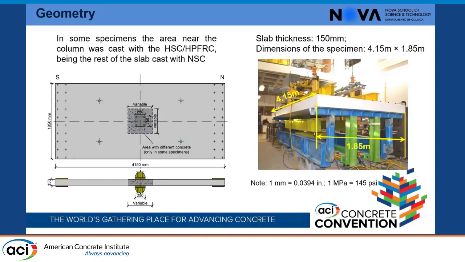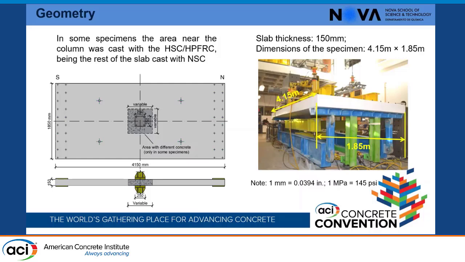As you can see, our slab model is 4.15 meters by 1.85 meters. The thickness of all the slabs is 15 centimeters, and we have a square column of 25 centimeters.